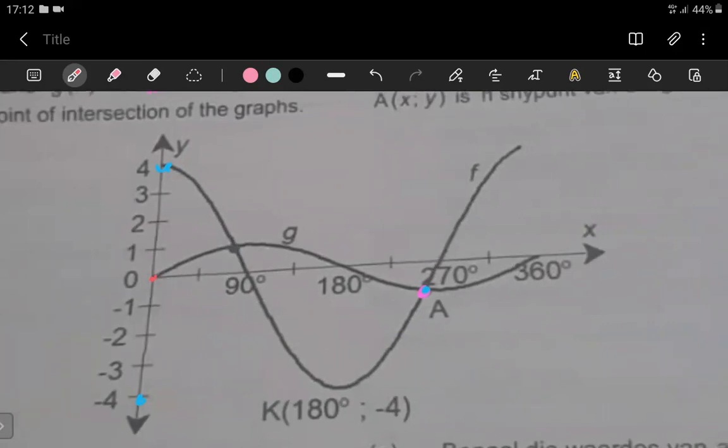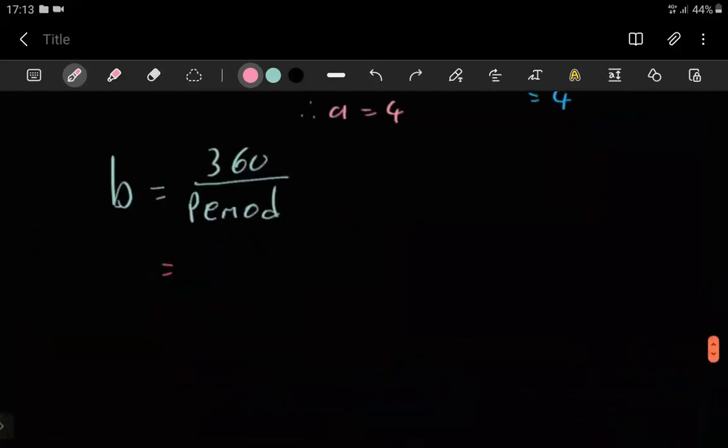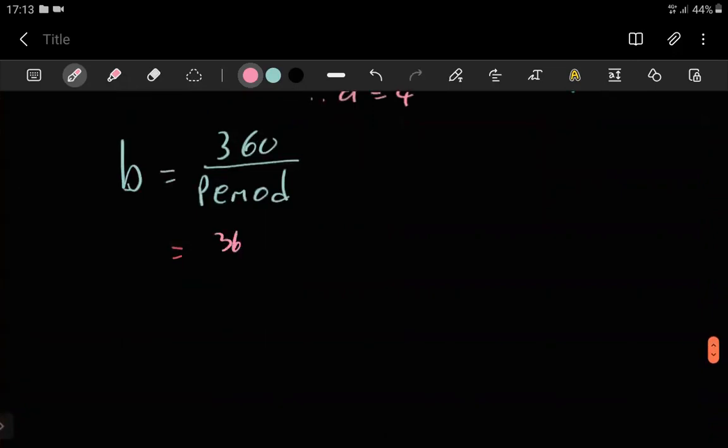After 360 degrees, this exact same motion would just repeat, same with the cos graph. So you know the period is 360 degrees. In your formula, it's going to be 360 over 360, which is just a 1.